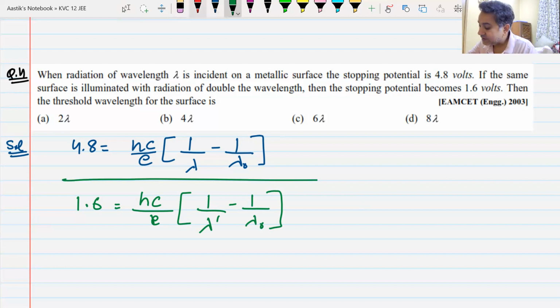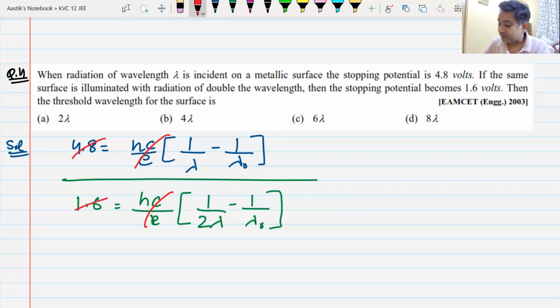Lambda dash is given as 2 times lambda. You should be able to find lambda naught from here because these two are cancelling out, and this is also cancelling out. In fact, this is 1 by 3. Yes or no? Very simple case. You should be able to do this.